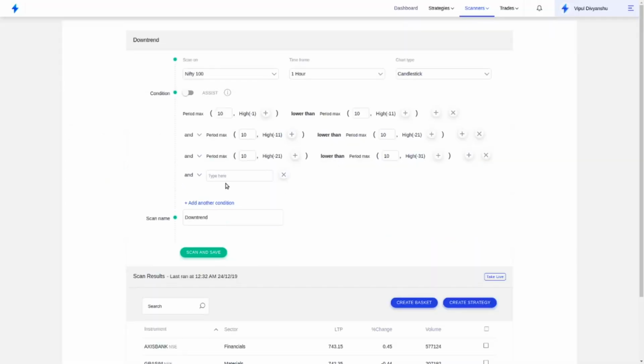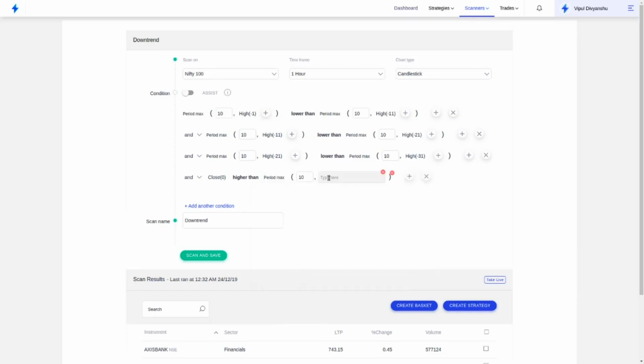I'll say close higher than period max, high of 10 candles.